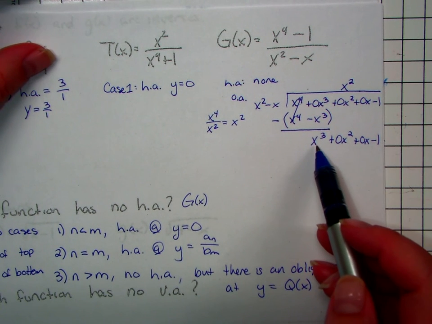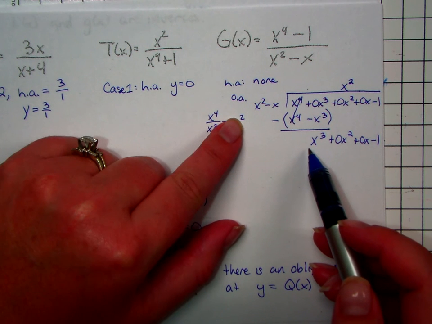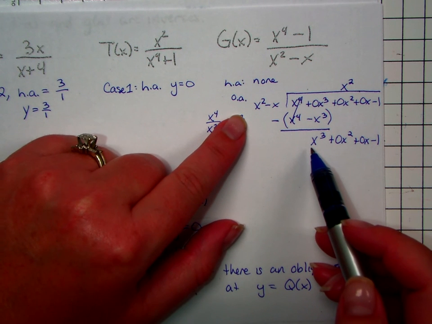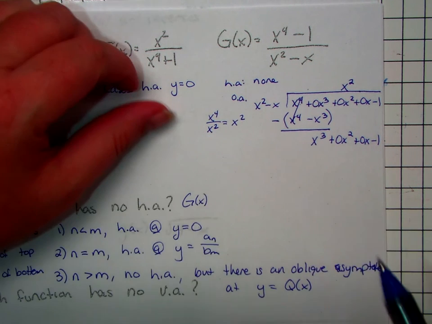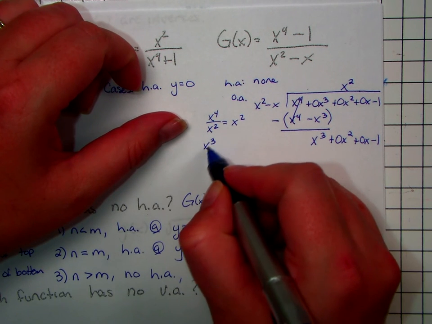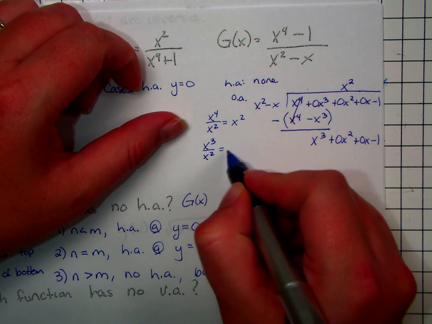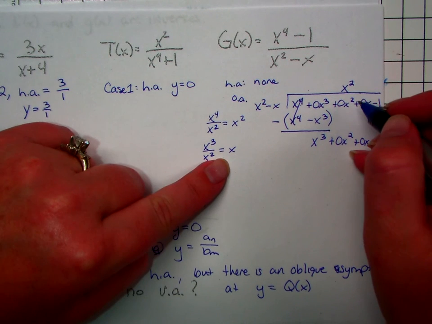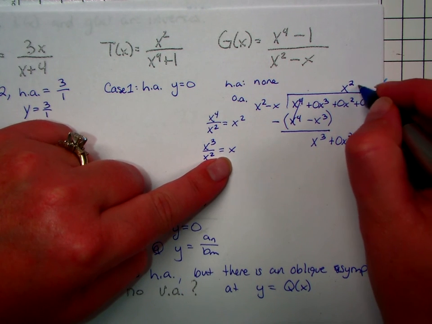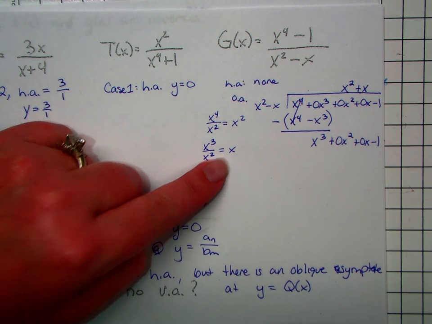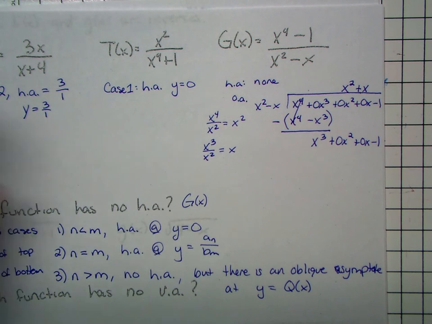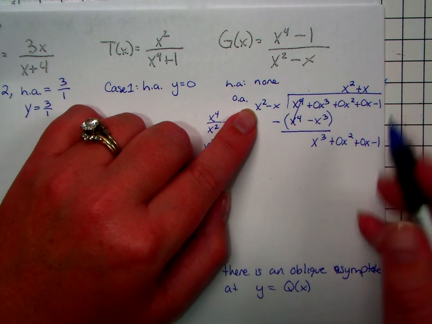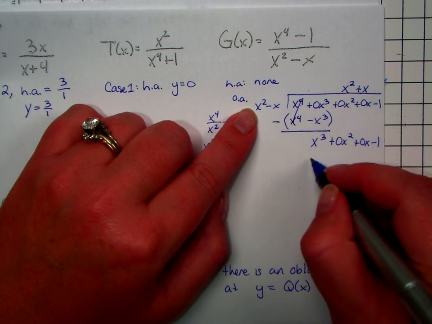All right. So what we're going to do now is repeat the process. Okay, I'm going to divide first terms by first terms. So x cubed divided by x squared is x. That's the next part of the quotient. So even though this is just x, I'm going to make sure I put the positive sign there, okay, plus x. And then I'm going to distribute that positive x through my divisor.